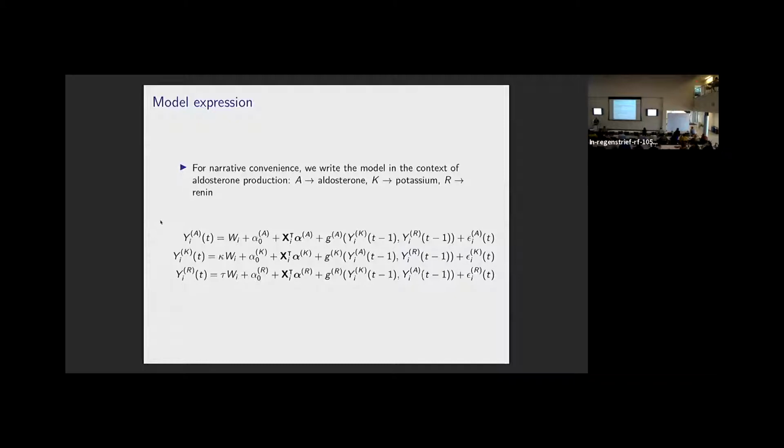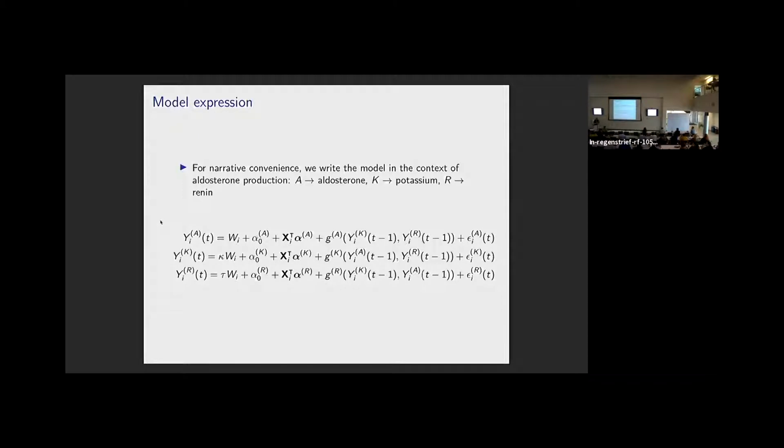So let's come back to the example that I have been using, that's aldosterone, potassium, and renin. Here, the first equation is for aldosterone. So we're modeling the aldosterone at time t as a function of renin and potassium at a previous time point.